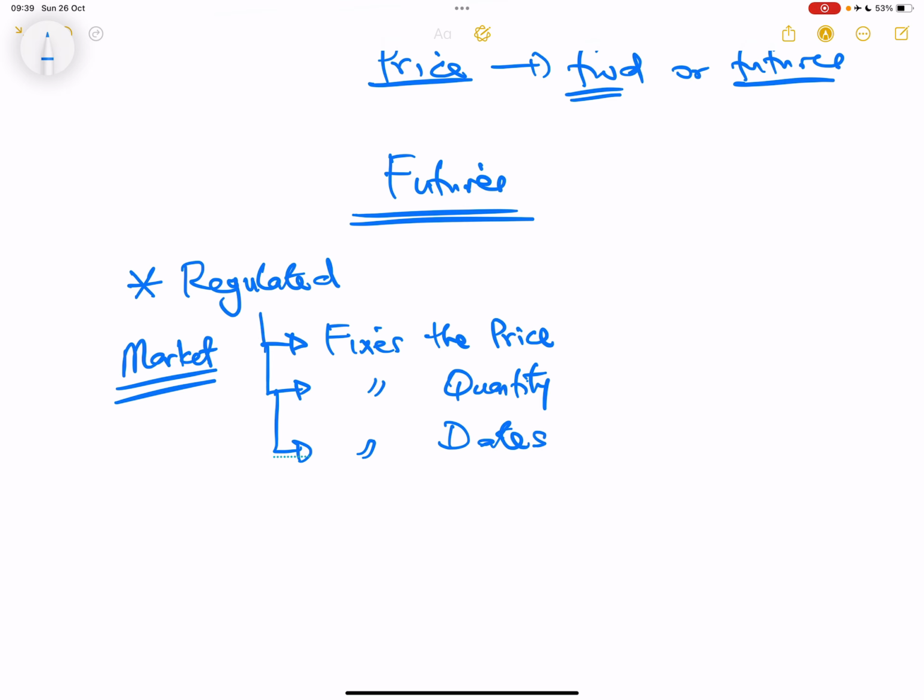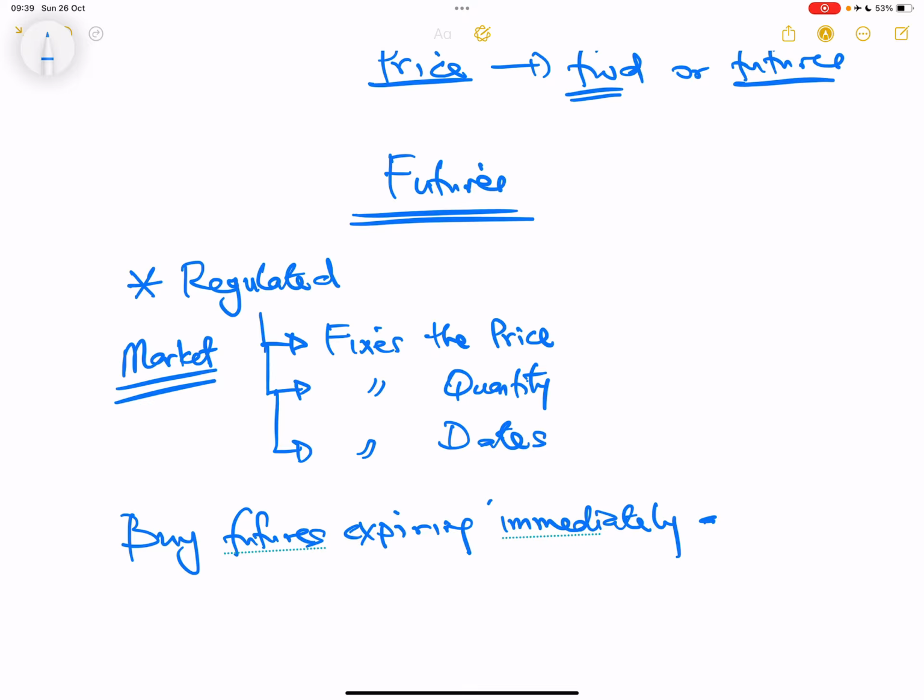So if there's no April future on the market and you have a contract that expires in April, please listen. What you must always do is you must always buy a future expiring immediately after your transaction date. The closest expiry after, please, must be after your transaction date.